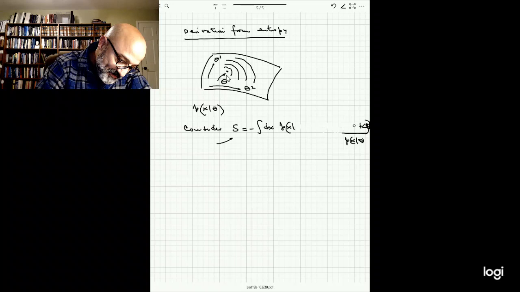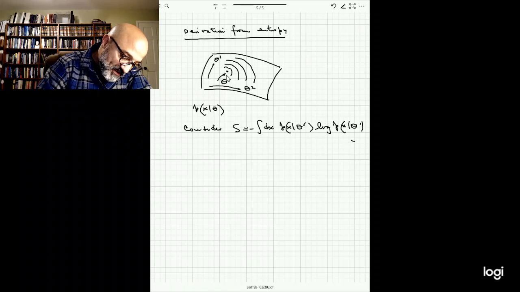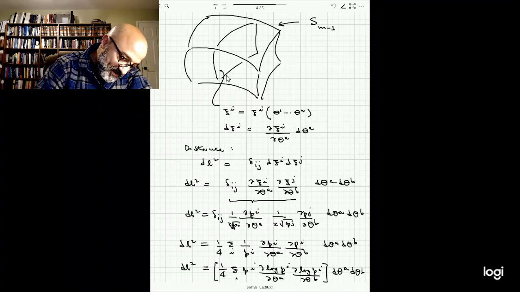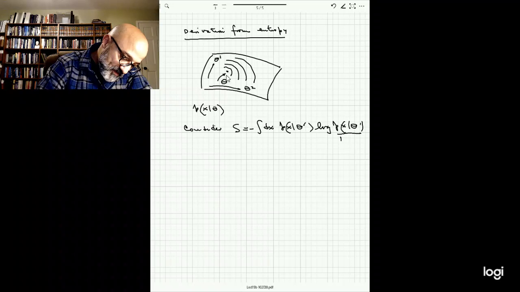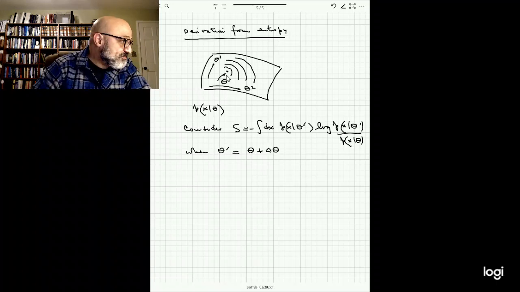Let me write this entropy as the entropy of theta prime relative to theta, when theta prime is equal to just a small change.